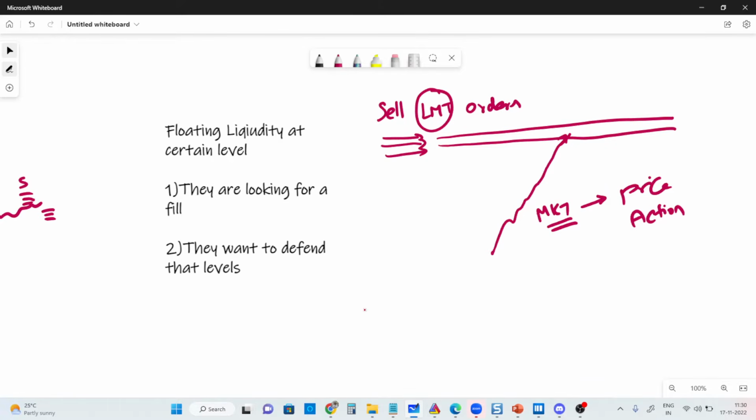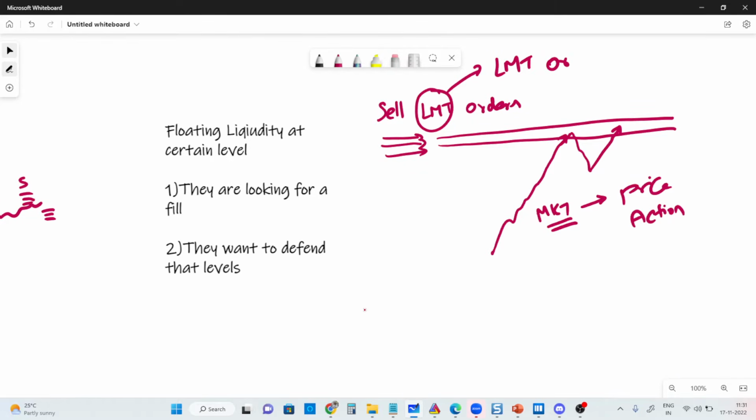Even if the price is coming and touching those levels, it cannot move because of the continuous flow of limit orders, like a strong river flowing there. Repeatedly the price action will try to break up. Delta will be positive because buyers are continuously showing up, but they're not able to outsmart the limit orders because the supply is more.